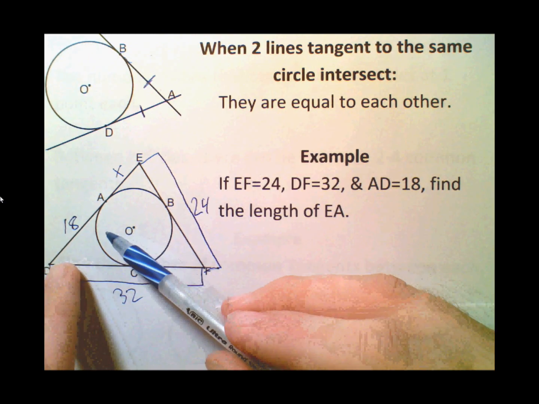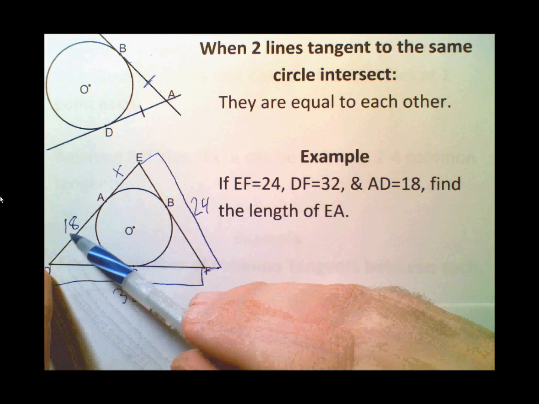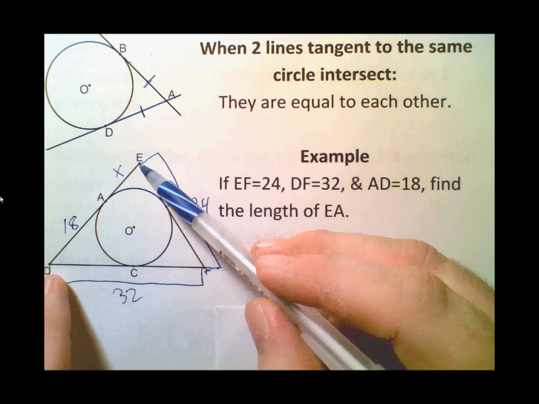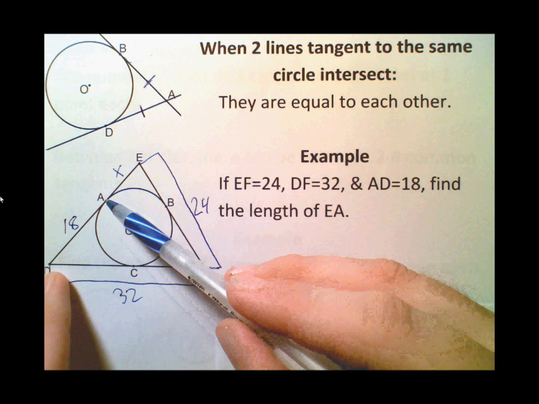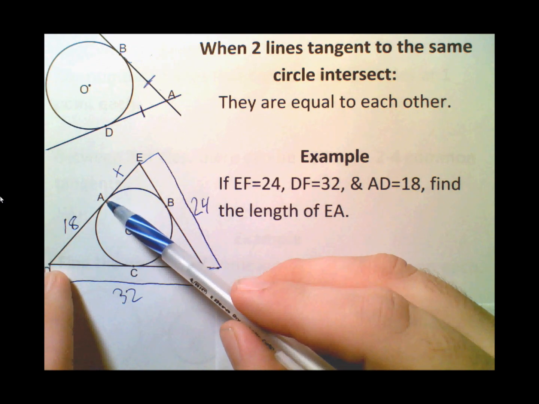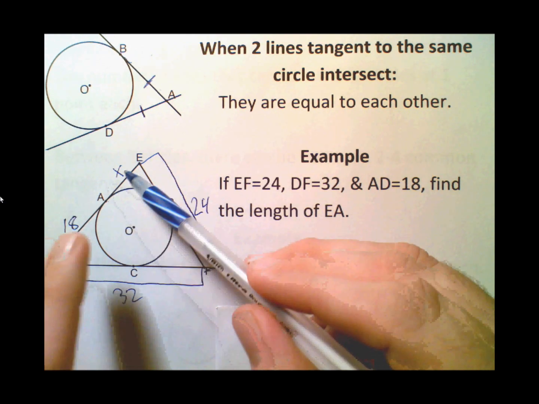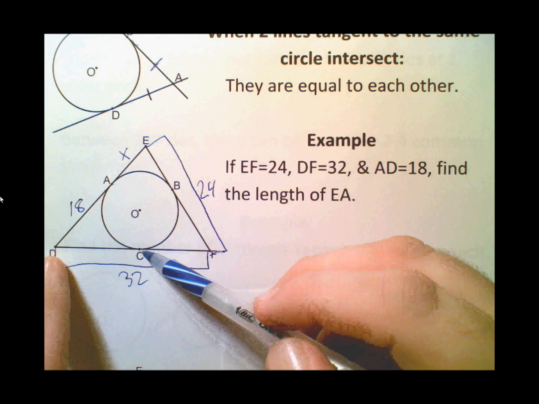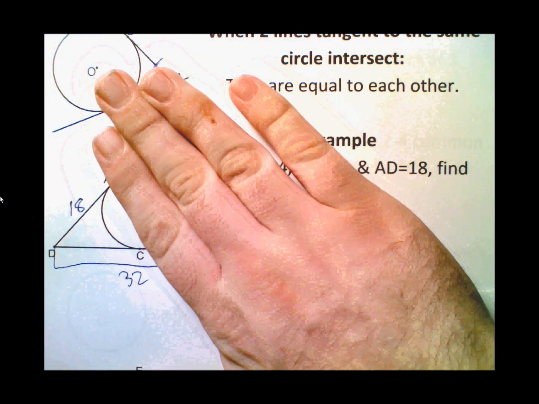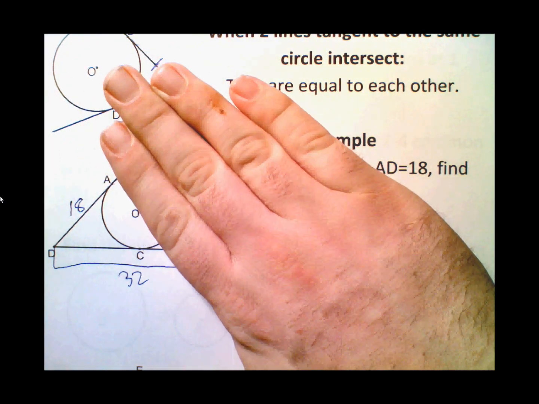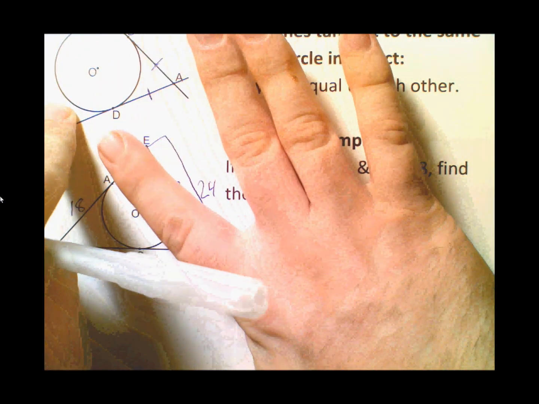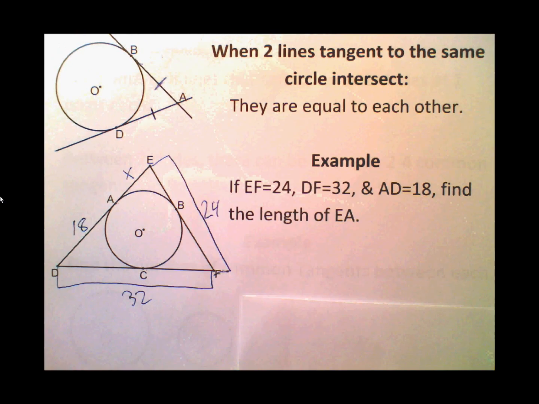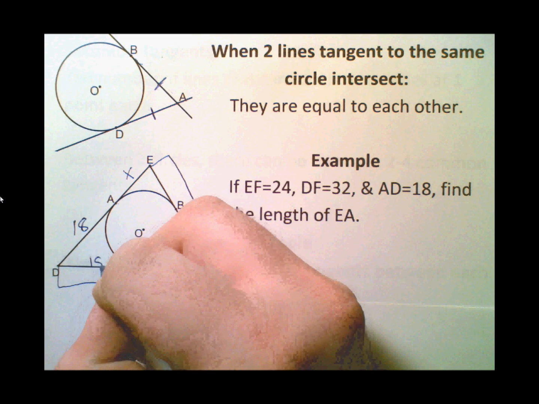So if we take a look here, this is really made up of one tangent, but there's two different segments on the tangent ED. I have AD, which is where the circle touches at A, so AD and AE. However, if we just sort of cover this up, you notice that it looks just like your notes, where it says that these two parts are equal to each other. So 18 here, this is going to be 18.